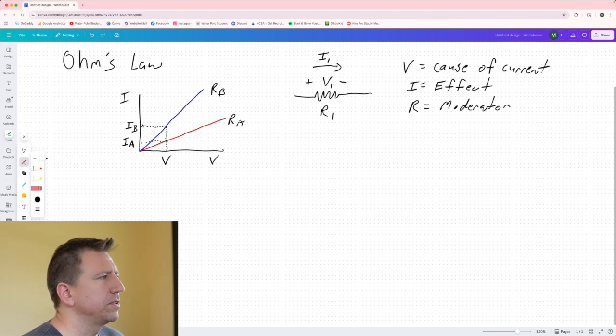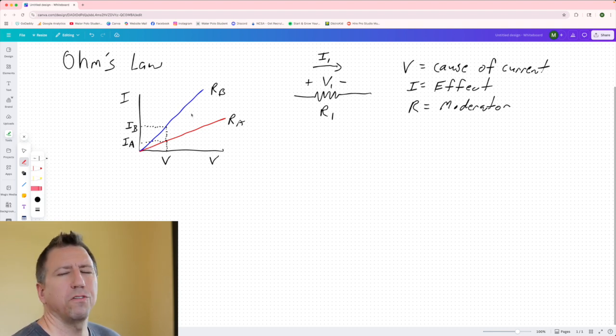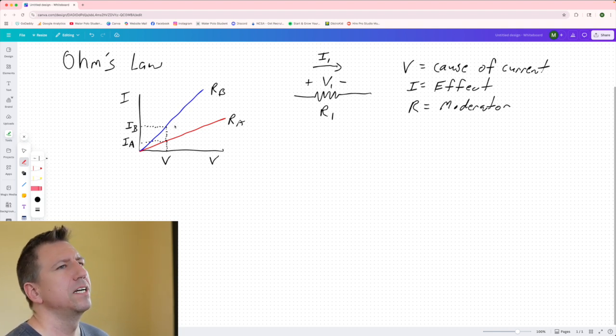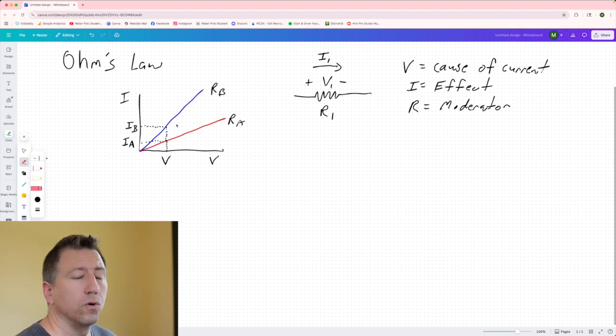And so which one of those currents is bigger? We can see that IB is bigger than IA, so it allows more flow for the same push, for the same voltage that's applied, okay? And so we can say that that thing resists the flow less, or it conducts the flow more.